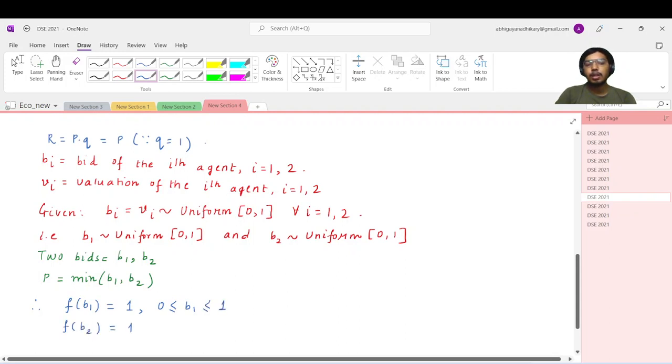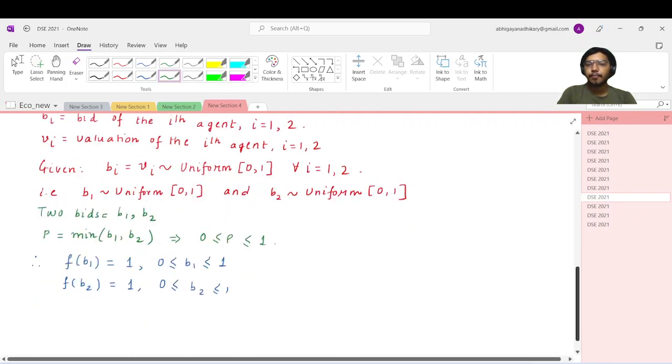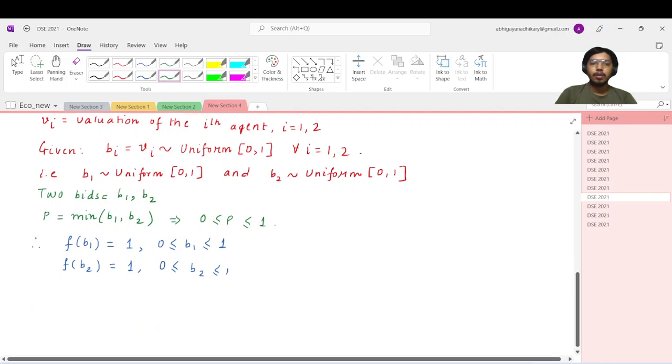It is also 1, where B2 also ranges from 0 to 1. With this information, you can understand that P, which is the minimum of B1 and B2, will also range between 0 and 1. Correct? So R is equal to P. We already established that. So what is the expected revenue?